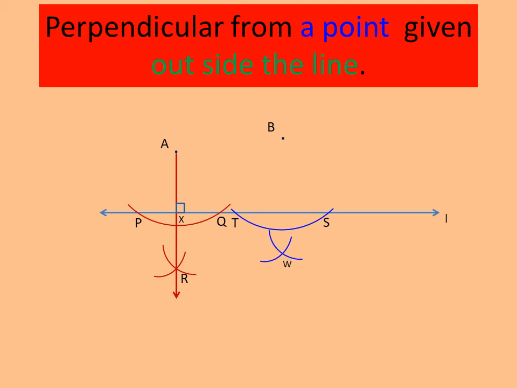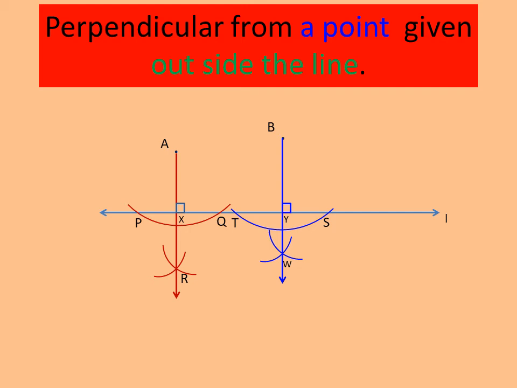We will name that point W, and then we will draw a line which will be perpendicular to line L. So ray BW is perpendicular to line L, and we indicate that by a 90-degree angle symbol.